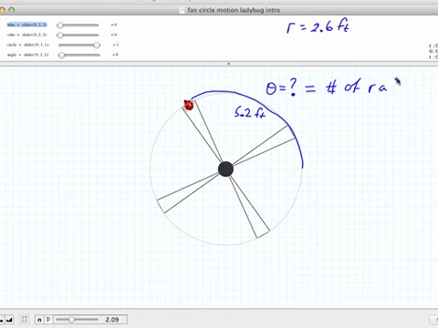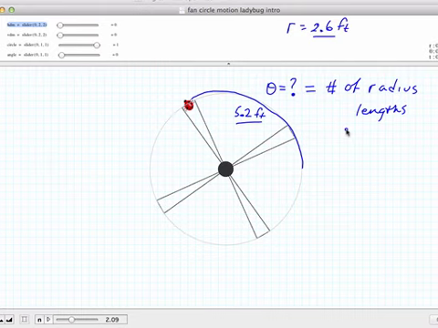Radians is the same as the number of radius lengths subtended by the angle. That's where radians comes from. So if each radius is 2.6 feet and we went 5.2 feet, how many radius lengths did we go? 2.